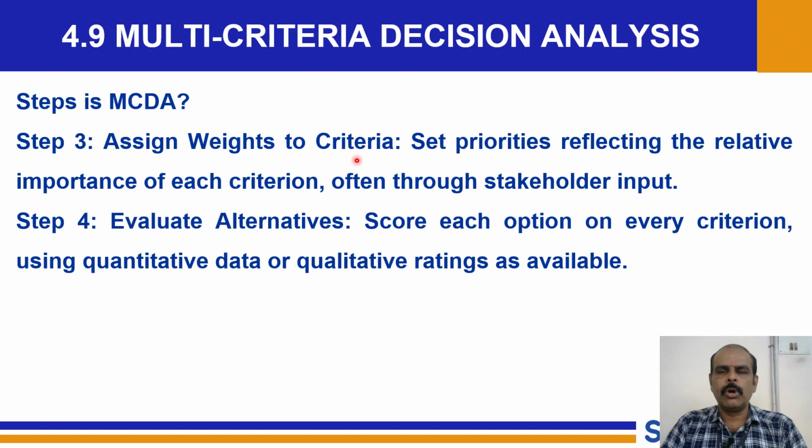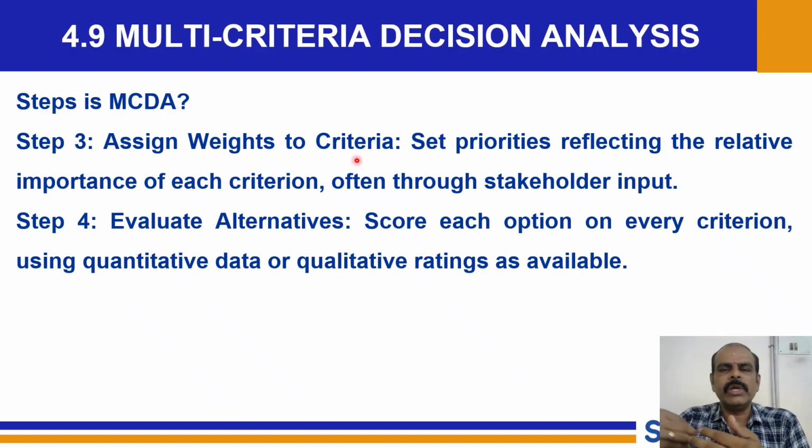For example, in the robot there are two aspects: energy efficiency and load lifting capacity. As a decision maker, I am confused about which to give more weightage, energy efficiency or the other important case, load lifting capacity.